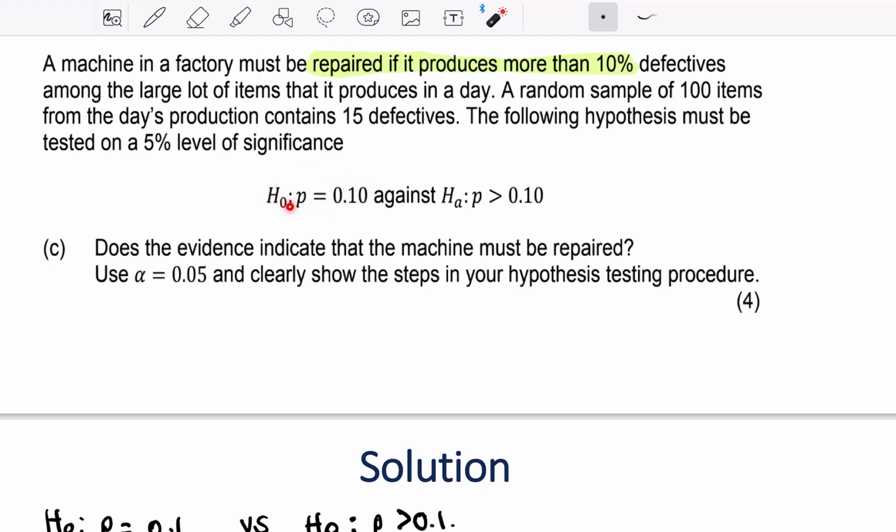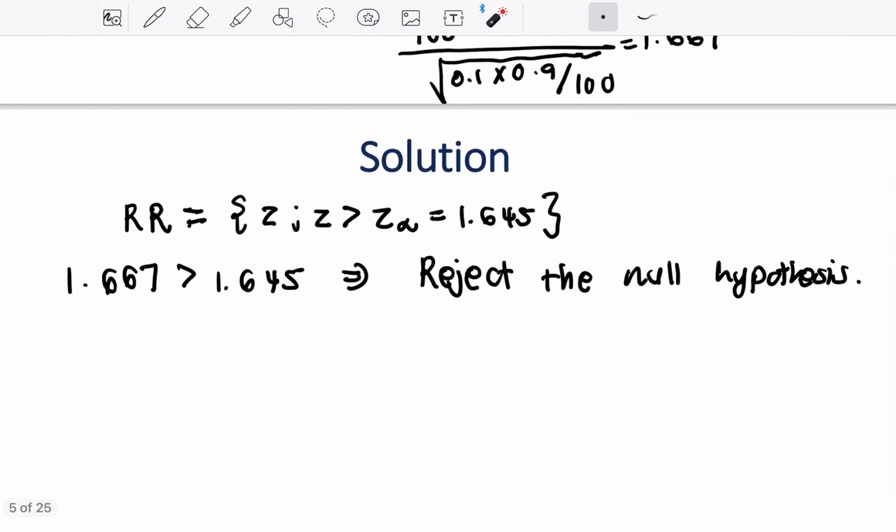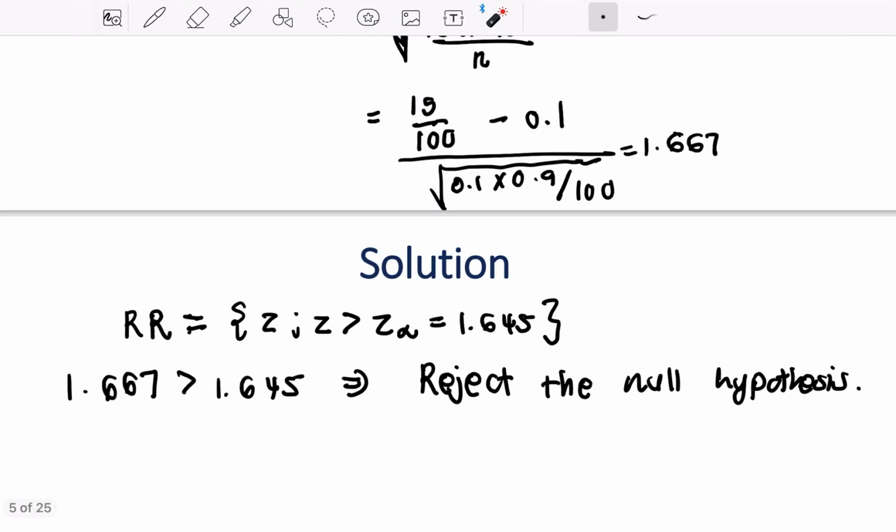So in this case, we rejected it. So that means we are leaning more onto the alternative, which means that it also suggests that this machine must be repaired according to this. Because remember, the machine is repaired if it produces more than 10% defective. So if you're leaning more onto the alternative, it means that your statistical evidence indicates that the machine must be repaired. Okay, so that should be your conclusion at the end.